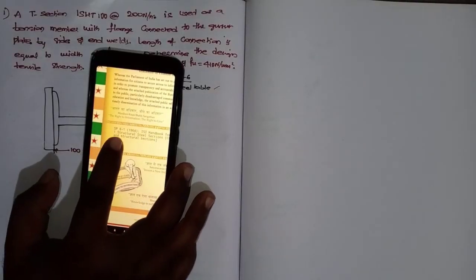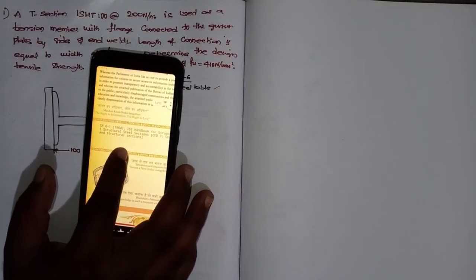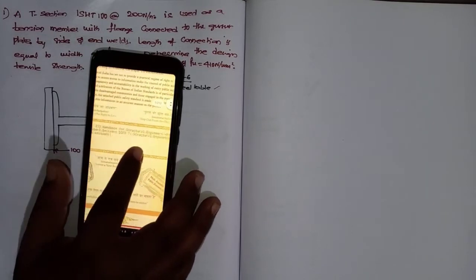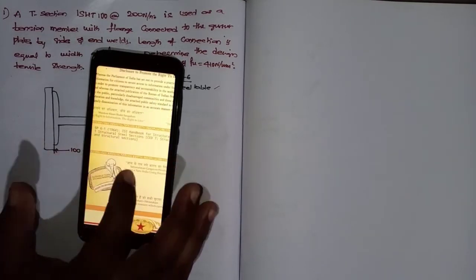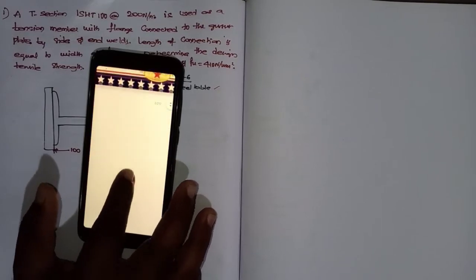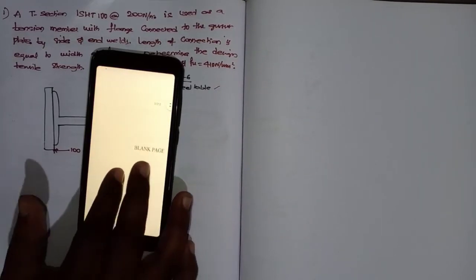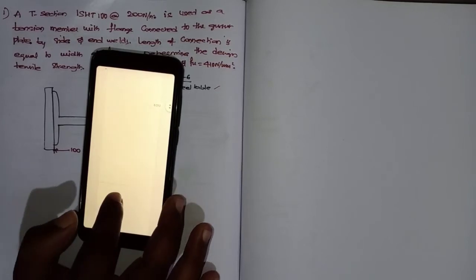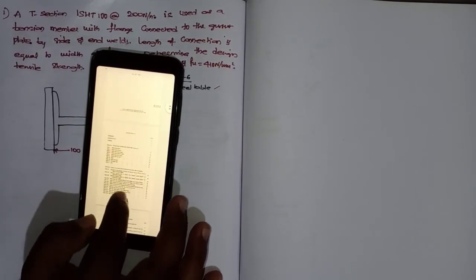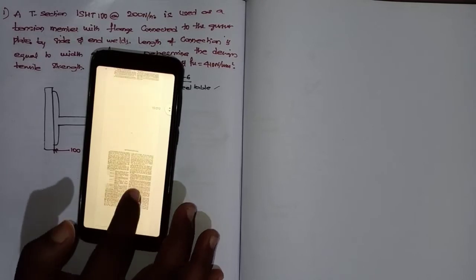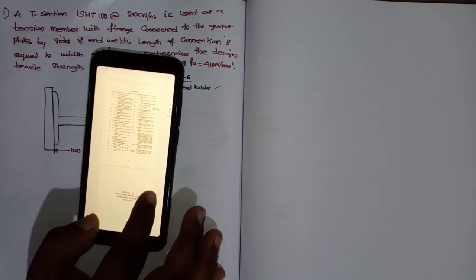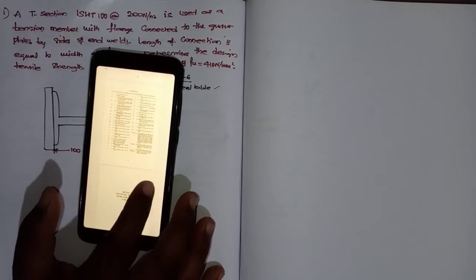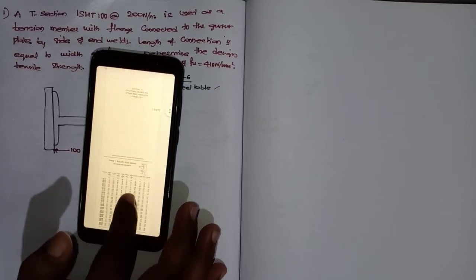This is the SP6 chart, the handbook for structural engineers, that is structural steel sections. In that, this is a code book, and we'll be going for the T section. The handbook will be there, and this is also permitted in your examination centers.